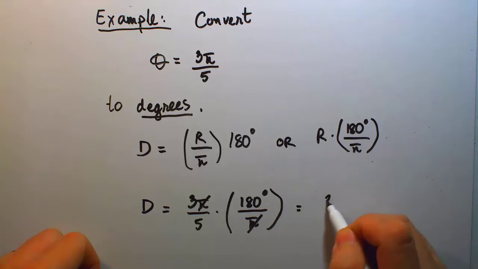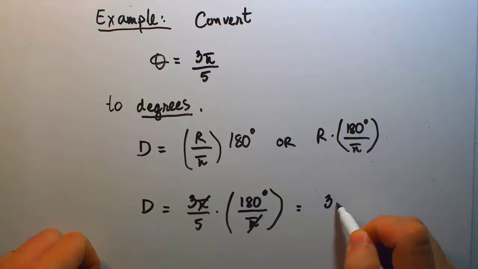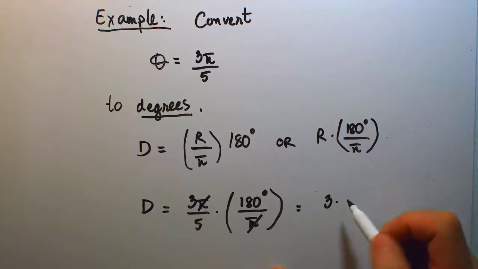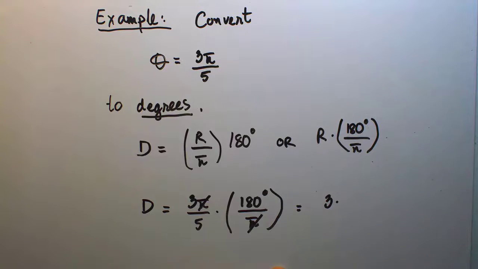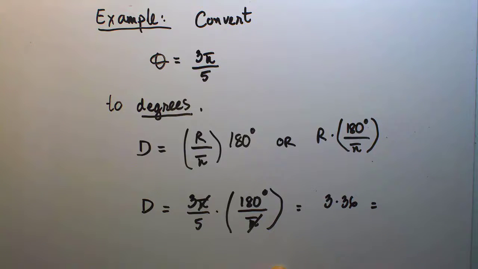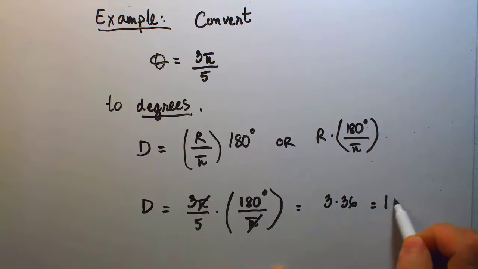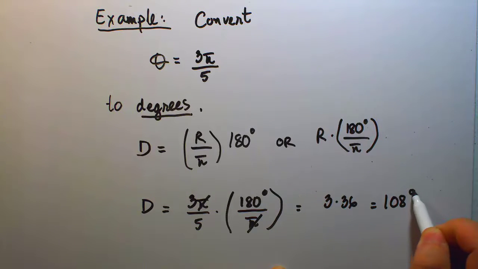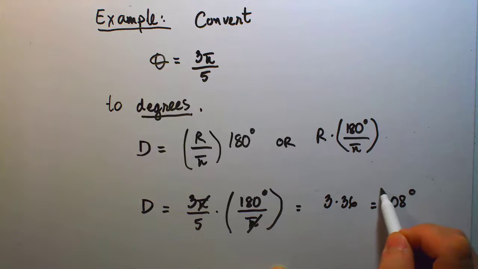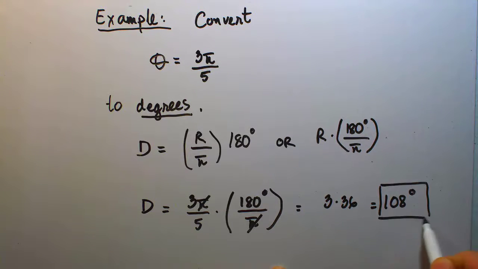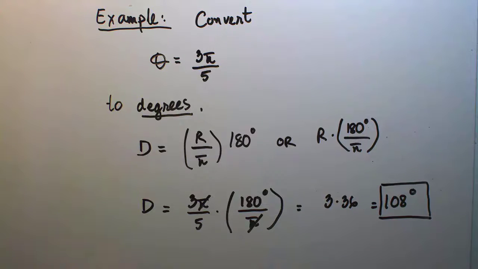So it gives me 3 times 36, which equals 108. Now the final angle here is in degrees. So the angle 3 pi over 5 is 108 degrees.